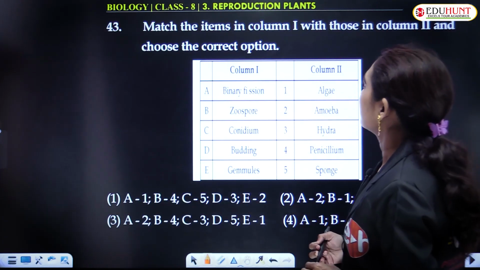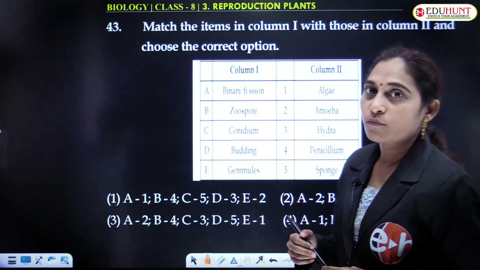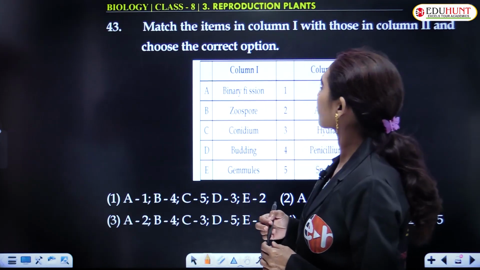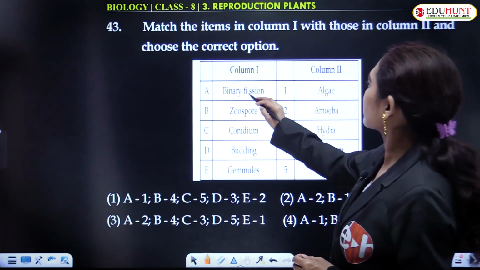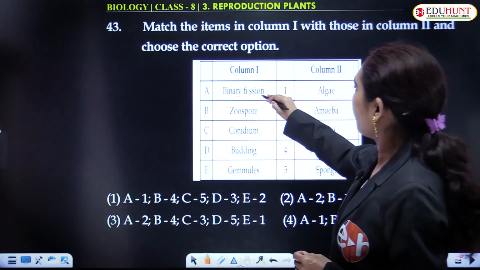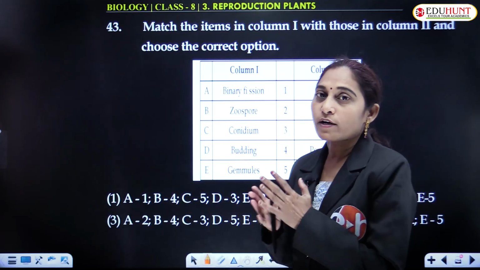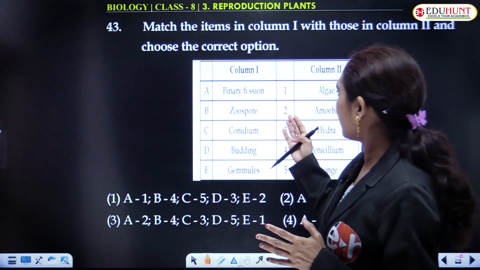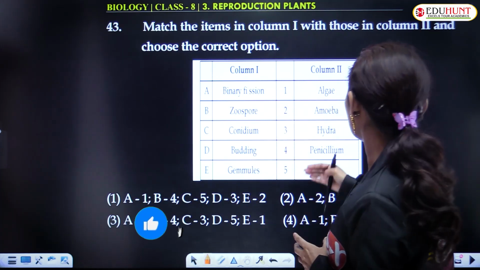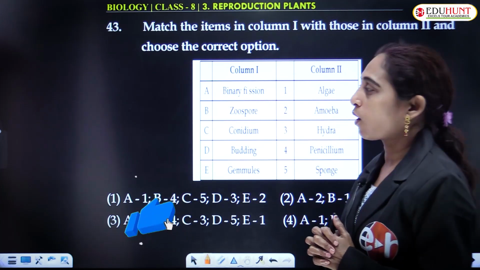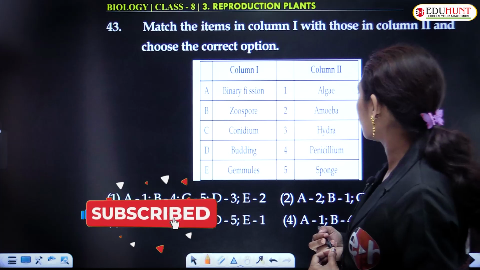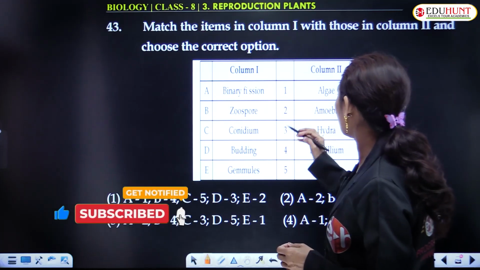Match the items in column 1 with column 2. In column 1, the modes of reproduction and reproductive products are given: binary fission, zoospore, and so on. Here examples were given in column 2. Binary fission, it is seen in amoeba.